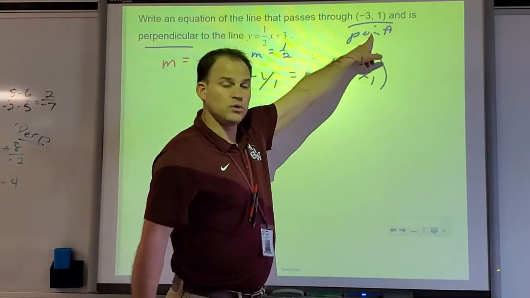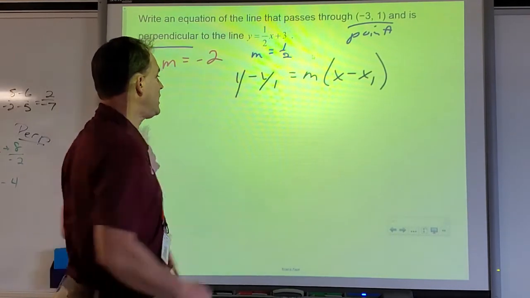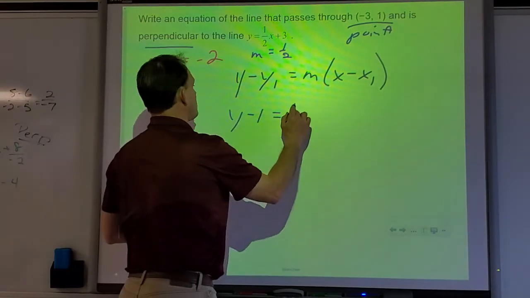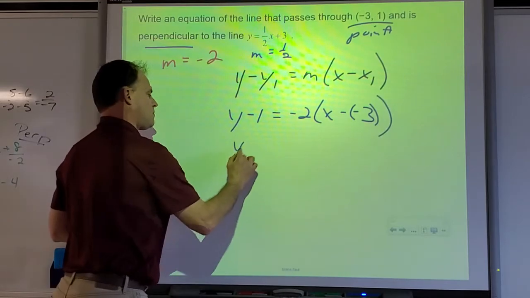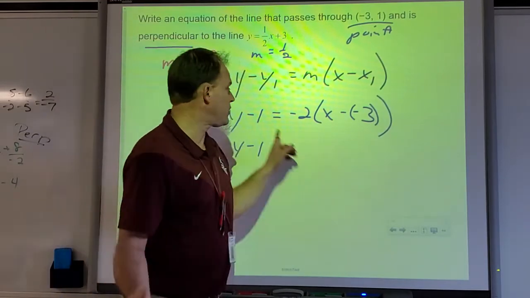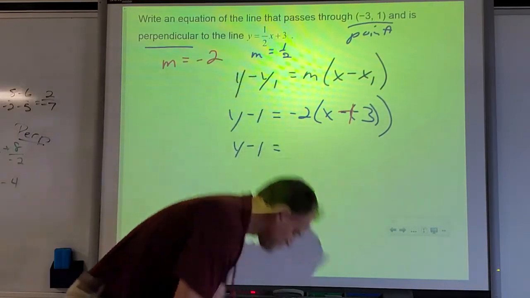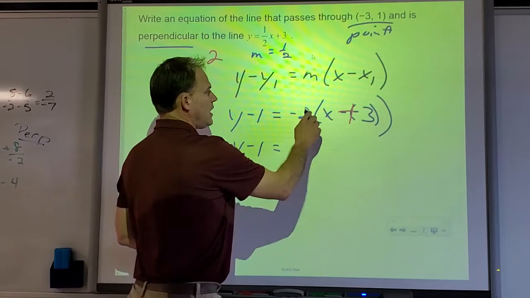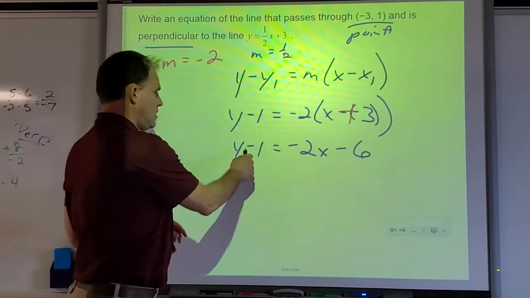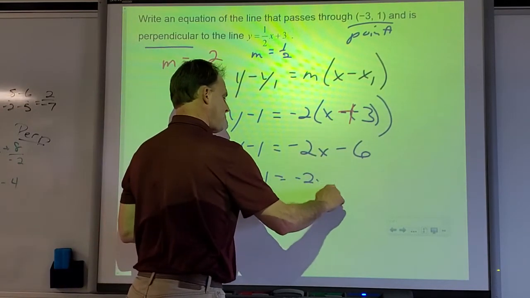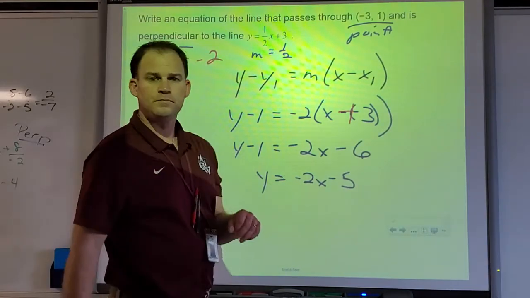Now, I use the point, I use my perpendicular slope, plug it in and go. Same two steps to finish: distribute, watch your signs, minus is plus, and then I distribute to get -6, get y by itself, there's my line.